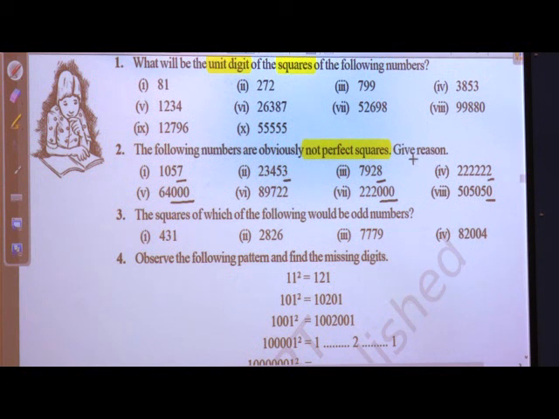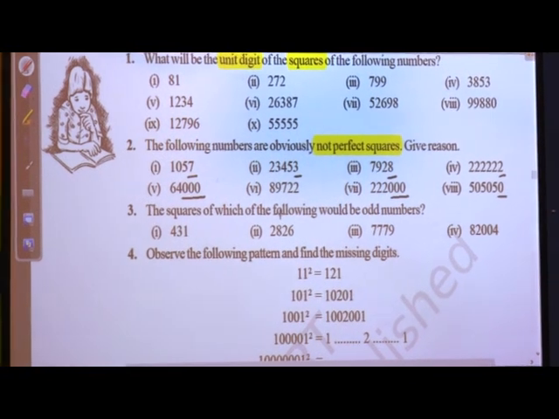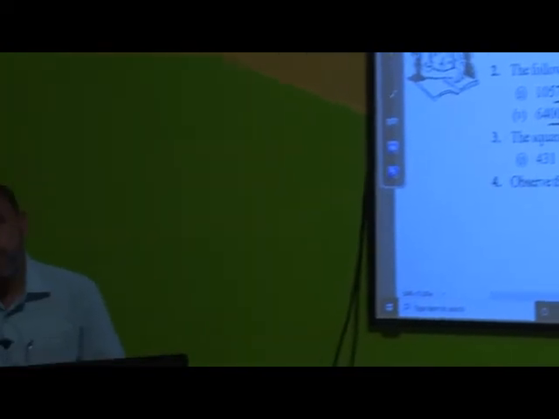I hope you have understood this. So in this session we have seen different and very interesting patterns of squares, and we have started solving the exercise.